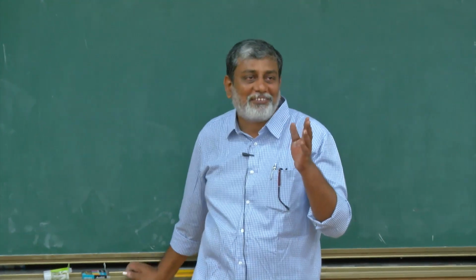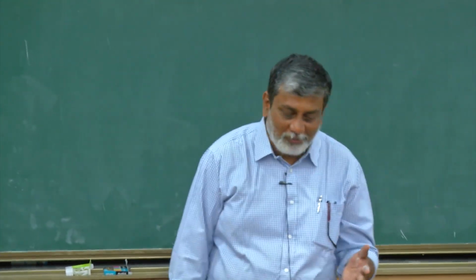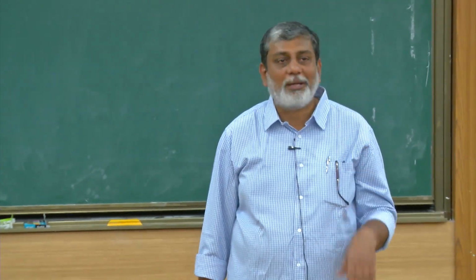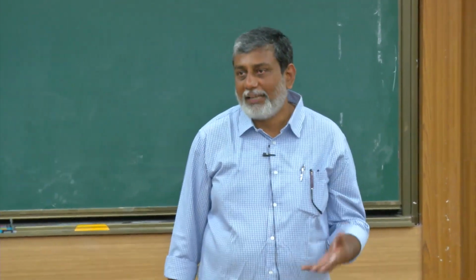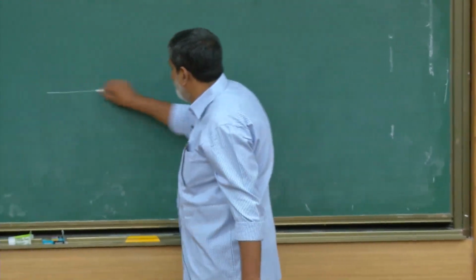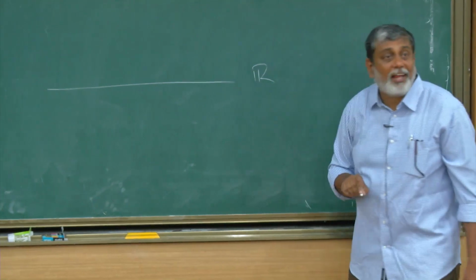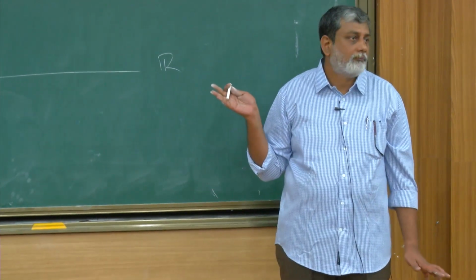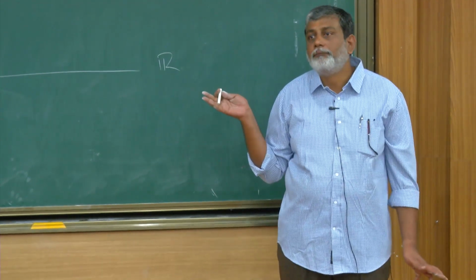Okay, perhaps one small thing I want to say before. Earlier I made a statement about the rank, so let me say a small thing about rank and calculation of rank. This is the real line. How many numbers? Infinite.